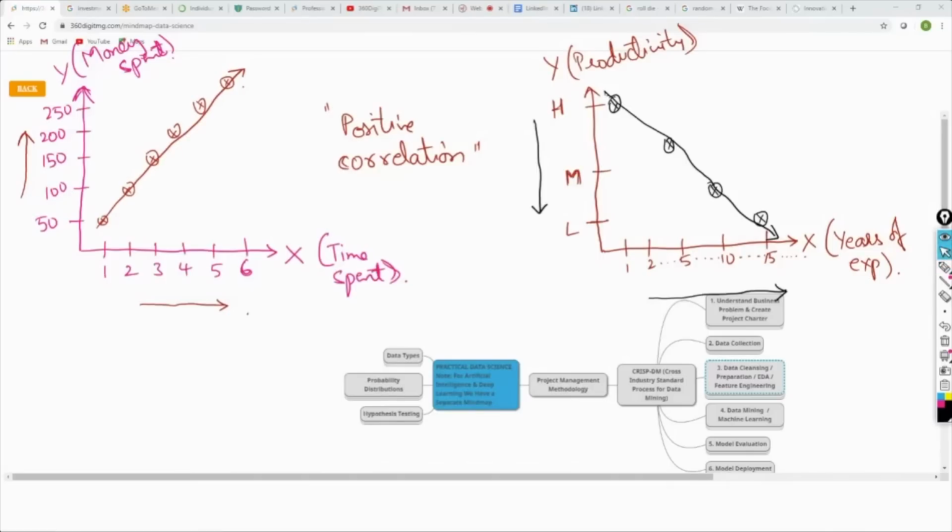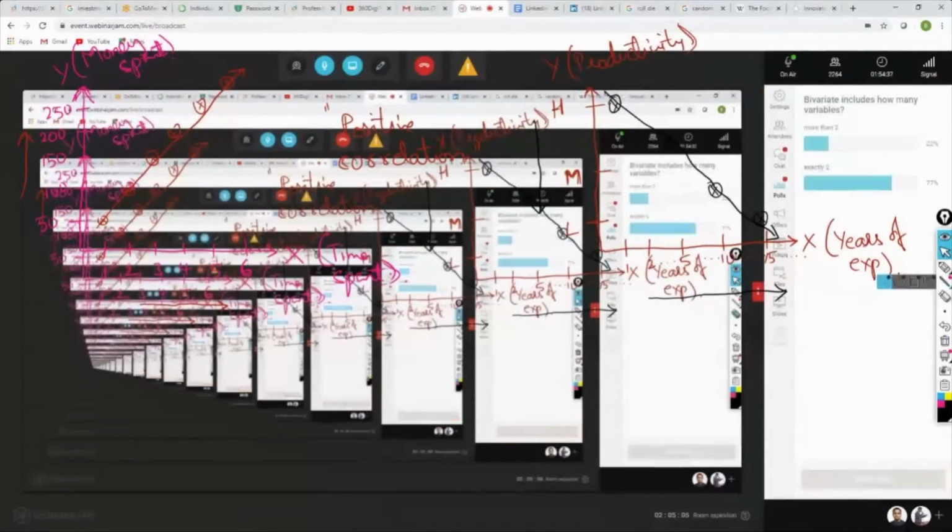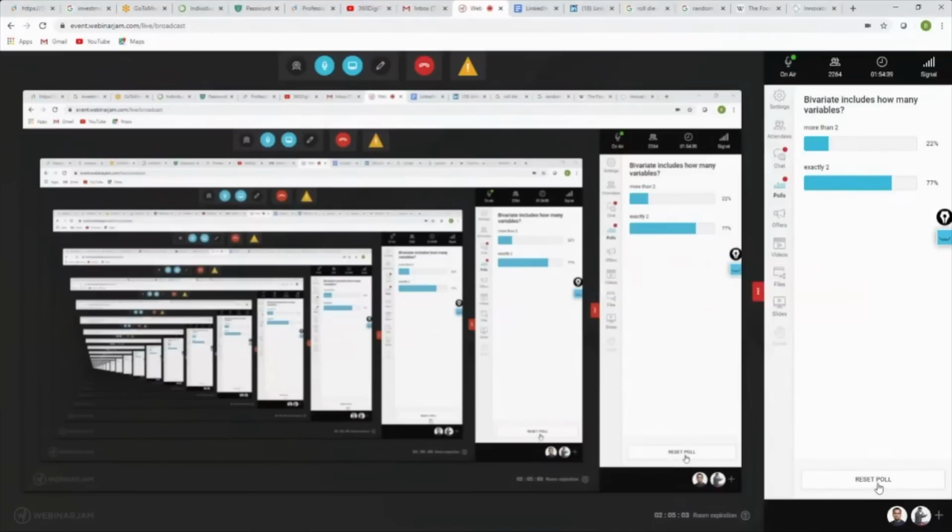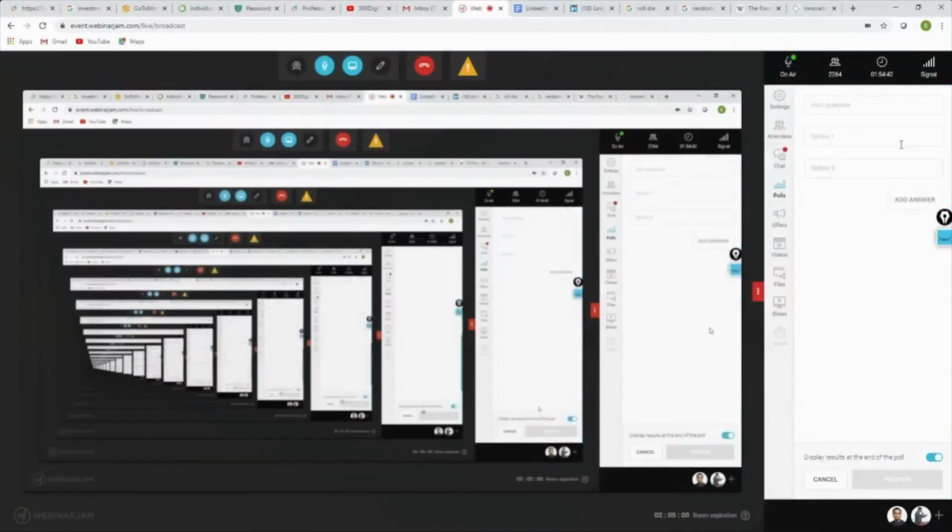Poll question coming your way. Please answer. In this case, let me type it. If productivity decreases with the increase in the years of experience, then what kind of correlation is this called as?